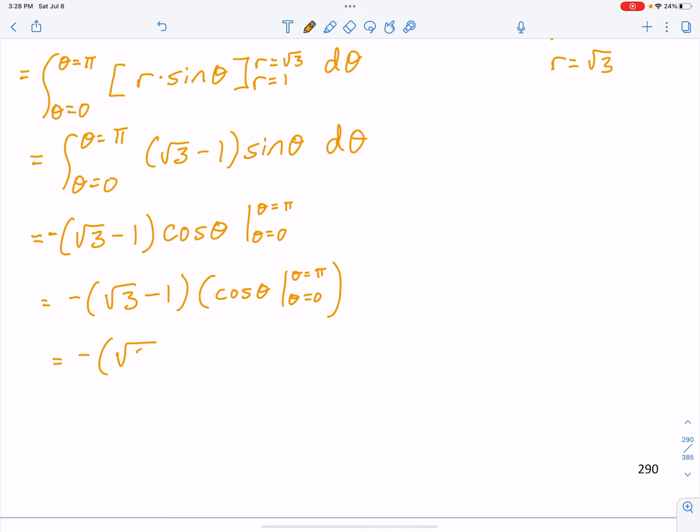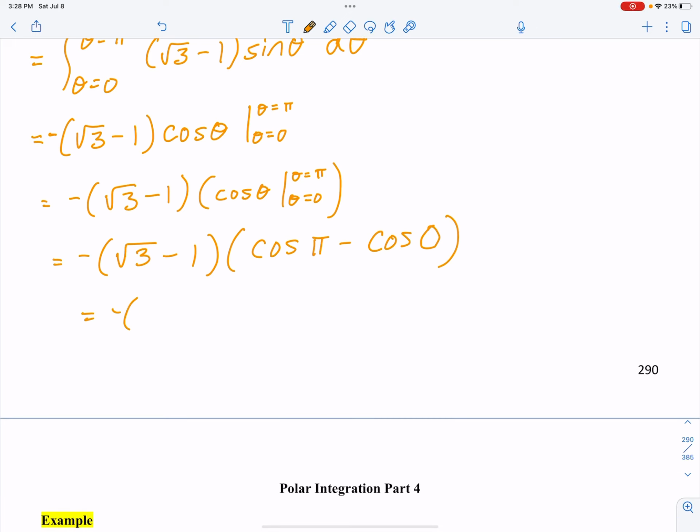So I get the negative of root 3 minus 1 times cosine of pi minus cosine of 0. I got negative root 3 minus 1, times negative 1 for cosine of pi minus 1 for cosine of 0. That's a negative 2. That cancels with the negative out front.